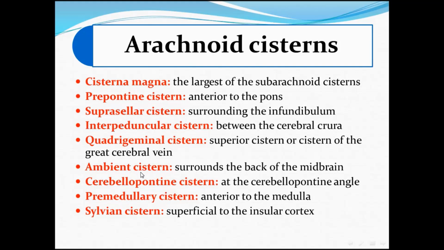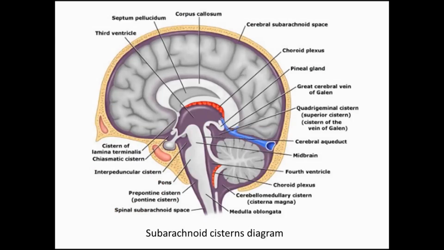The ambient cistern surrounds the back of the midbrain. The cerebellopontine cistern is the cistern at the cerebellopontine angle. And the premedullary cistern is the cistern anterior to the medulla oblongata. The Sylvian cistern is within the Sylvian fissure that is superior to the insular cortex.